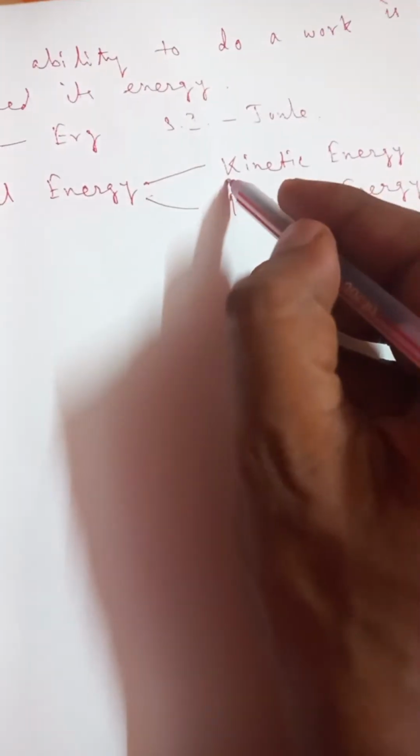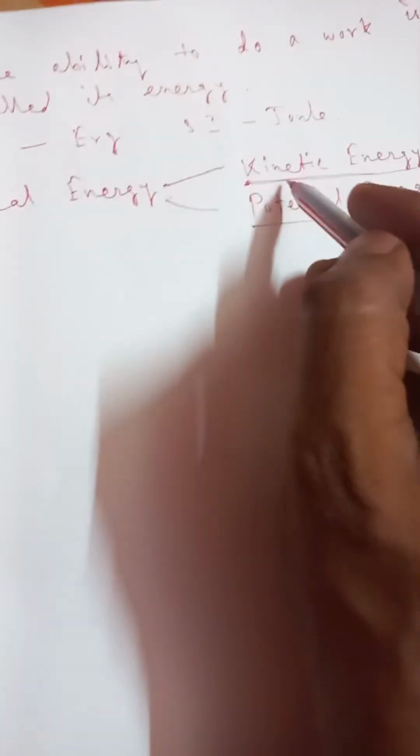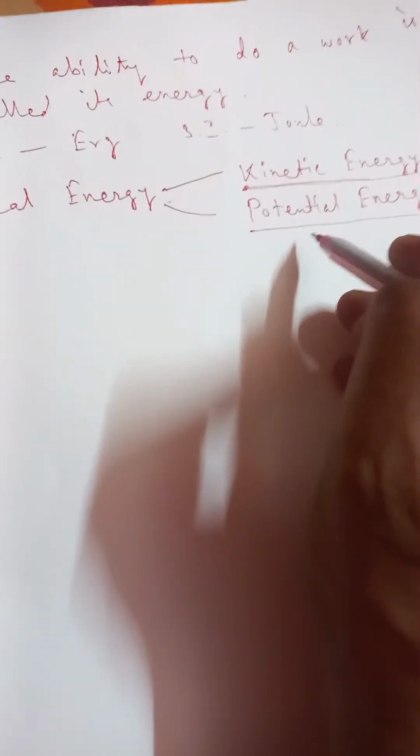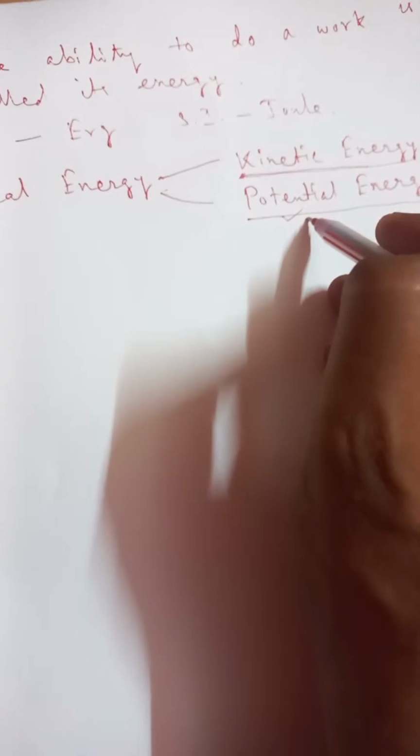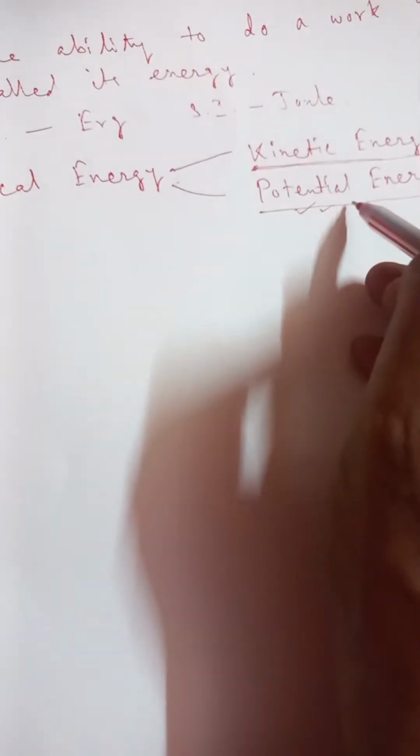Kinetic energy means if any particle is in motion, then its total energy is called kinetic energy. And if any particle changes its shape or its position, then the total energy stored in it is called potential energy.